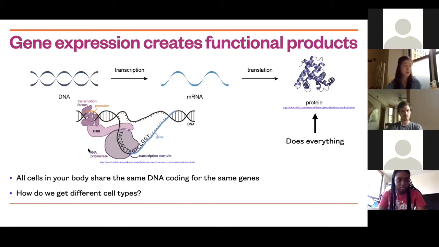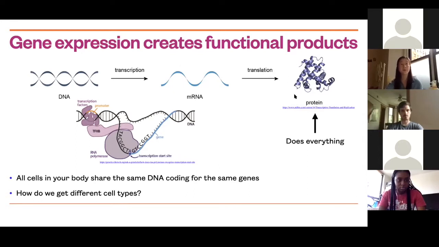And this here is a picture of how this process of transcription might happen. You have some components here that can take a template strand of DNA and transcribe it into this string of messenger RNA. And then this messenger RNA can be translated into a component known as a protein.